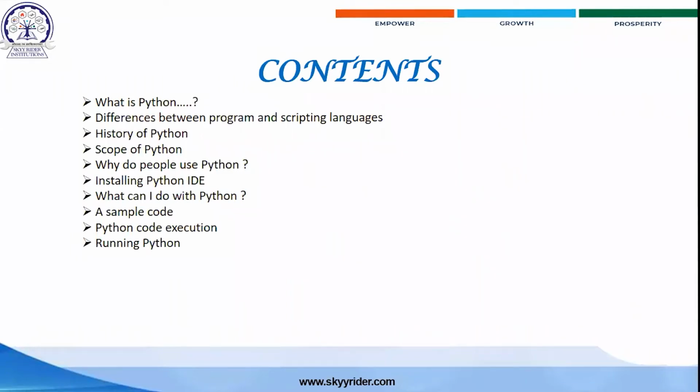Then what is a process-oriented programming language? It's a model derived from structured programming, based upon the concept of calling procedures. Again, Python is an interpreted language. What is an interpreted language? Anyone of you? An interpreted language executes code line by line.